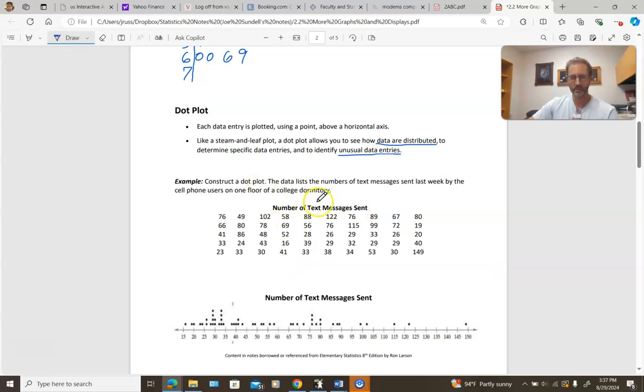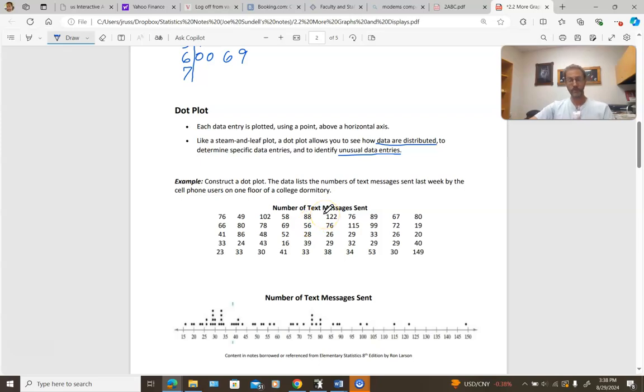So let's look at this data set. It is the number of text messages sent. Okay, so we're ranging anywhere, it looks like, from down here 16, so evidently there's a data entry in here that's probably around 16, all the way up to here, this highest entry, which is 149.